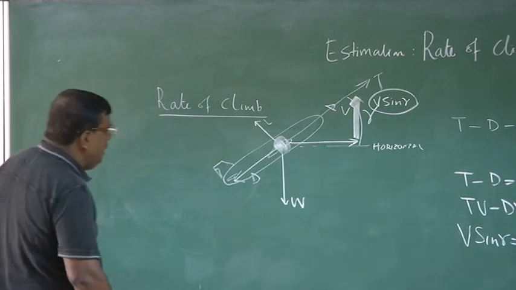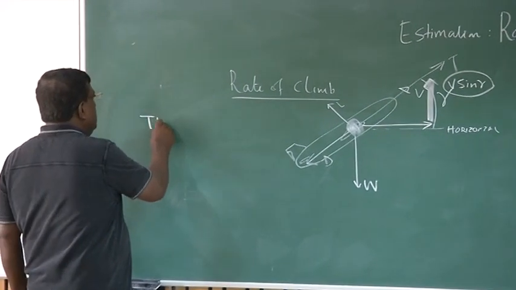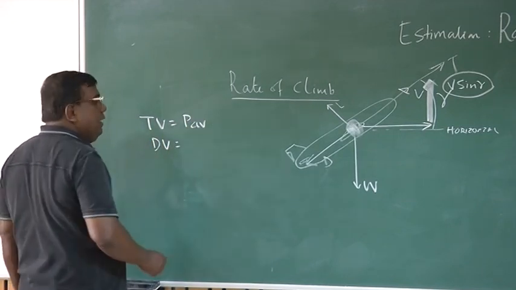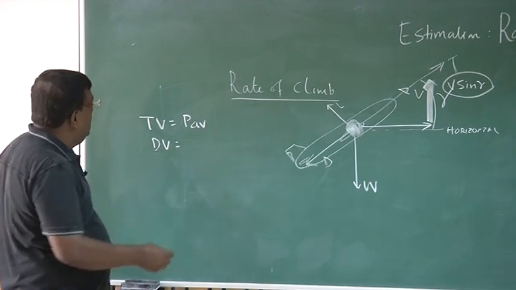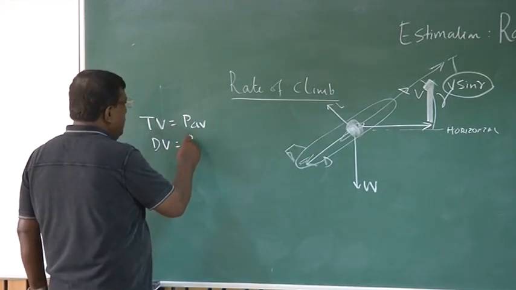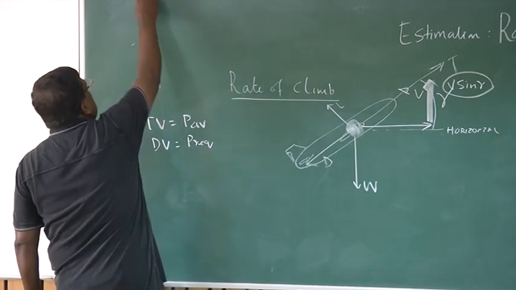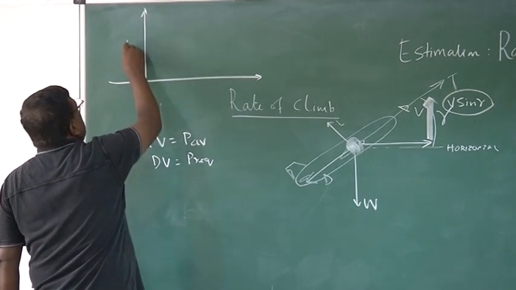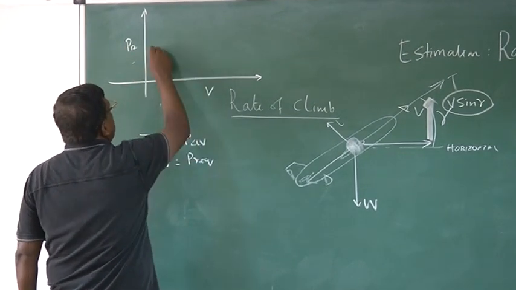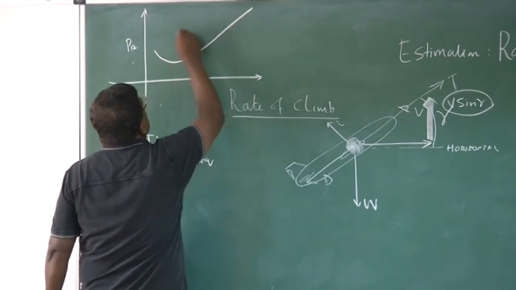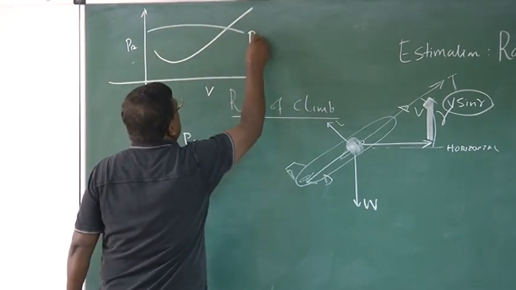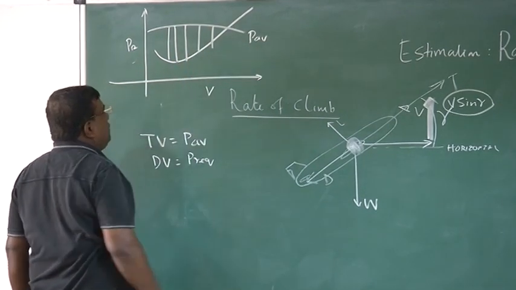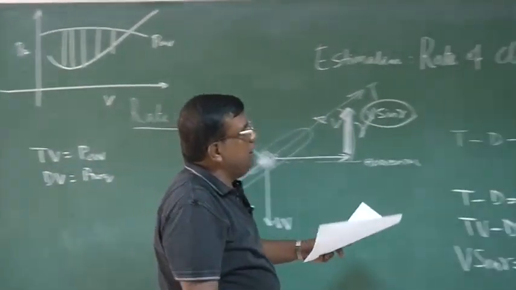Now from here we realize that TV is the power available, and DV is basically power consumed, power required. So once I plot power required versus speed, if this is the graph like this, and this is the power available, we know this is the excess power, and rate of climb is directly proportional to the excess power.